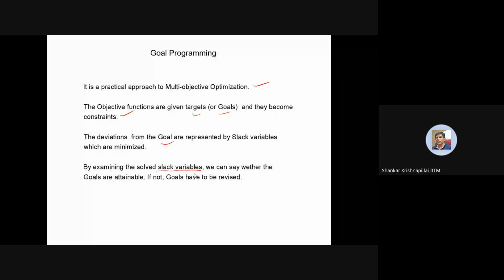So first we will look at goal programming with a simple linear programming problem. The first method is with inequality constraint, which is the easiest way. In this case, we need to specify the maximum value the objective function can attain.